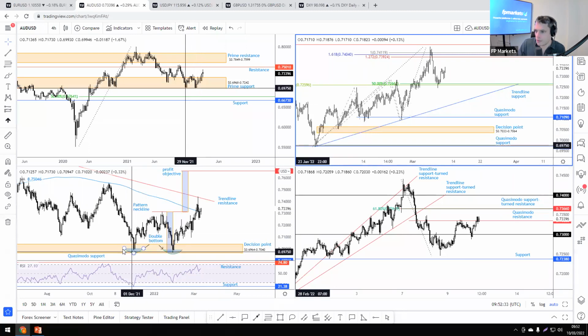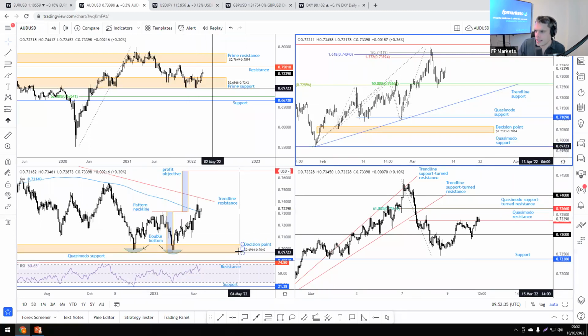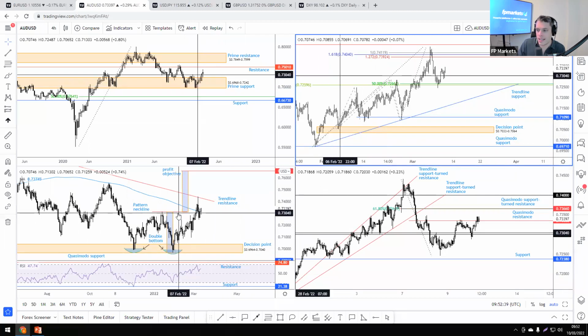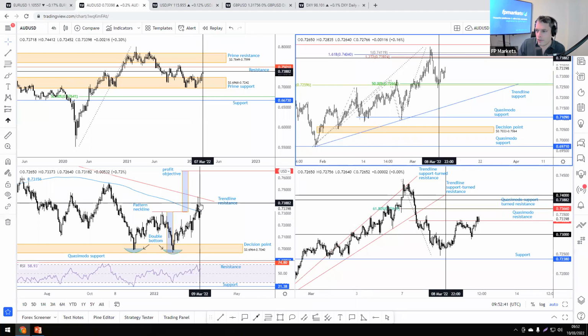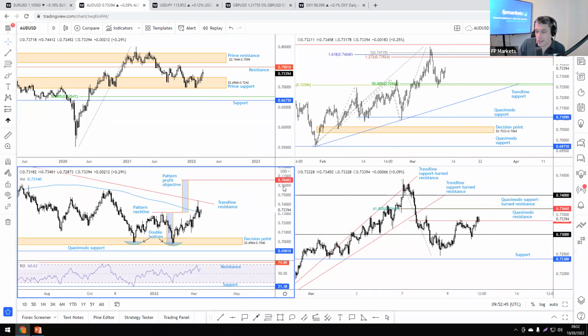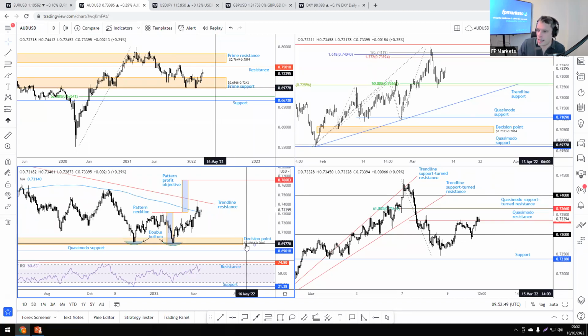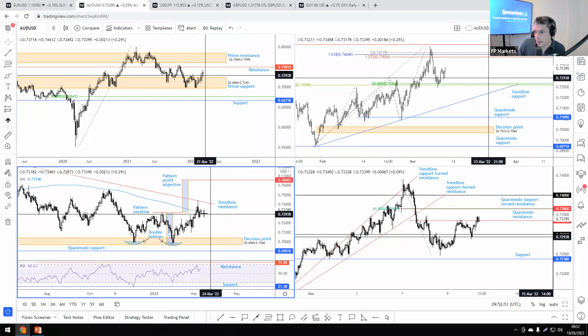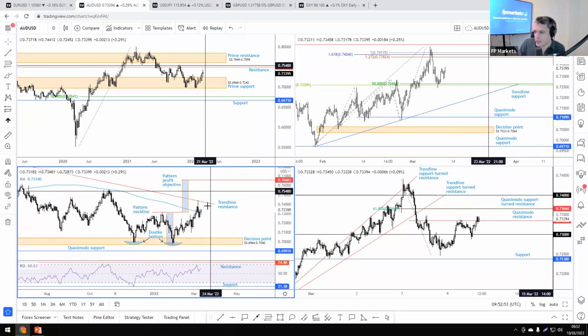The double bottom formed within this decision point at 69.64, 70.40, and we have broken the pattern's neckline. By breaking above here, this puts a potential profit objective of 76.60 in the crosshairs. But that would entail, of course, breaking this trend line resistance.